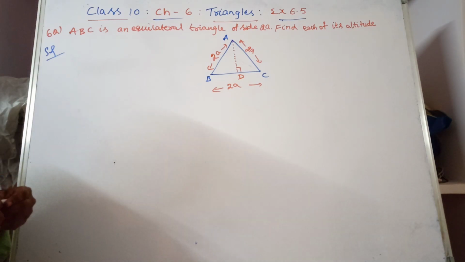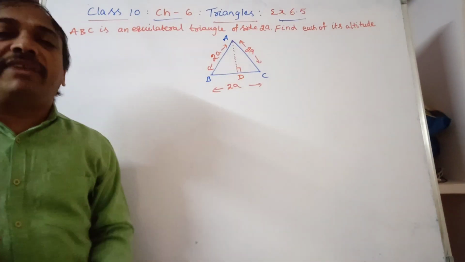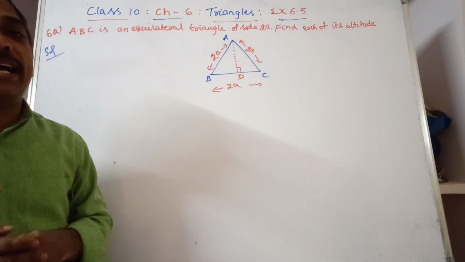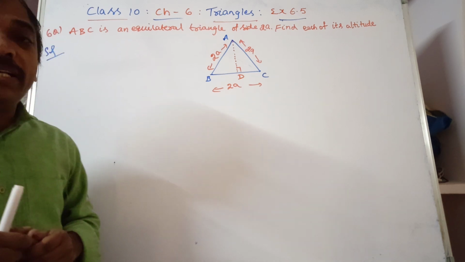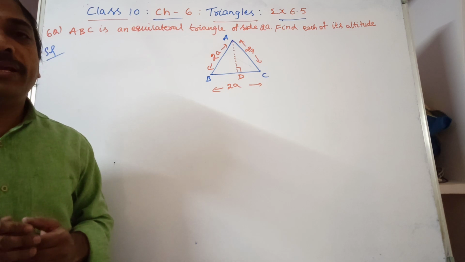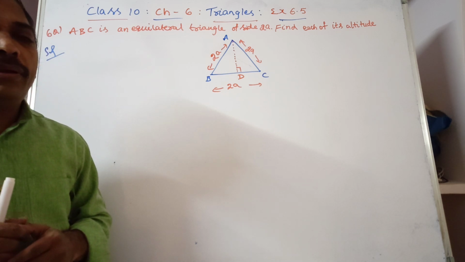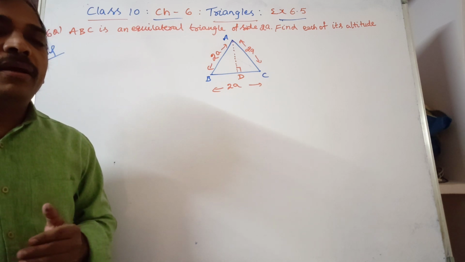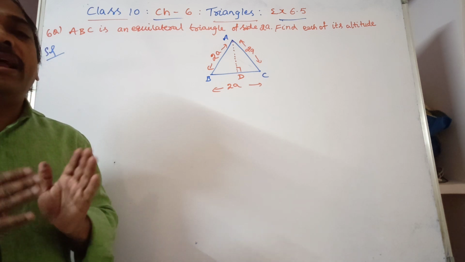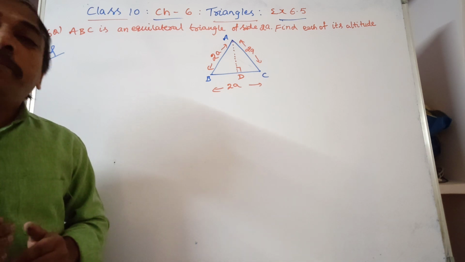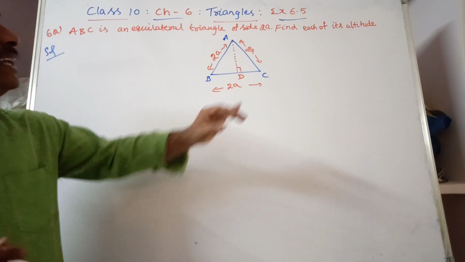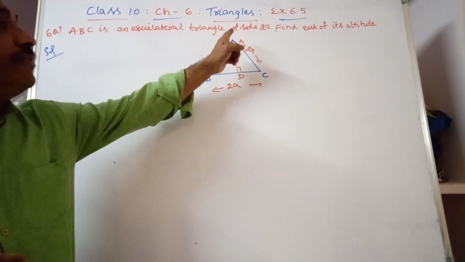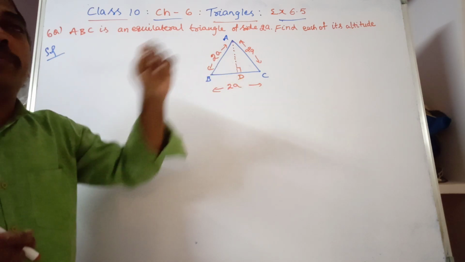And one more property we learned when talking about an equilateral triangle: in an equilateral triangle, the altitude as well as the median will be the same. What exactly is a median? A median is the line from a vertex to the midpoint of the opposite side.